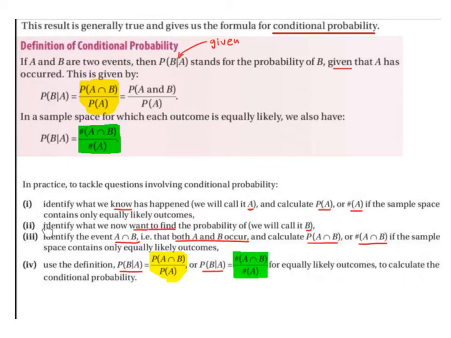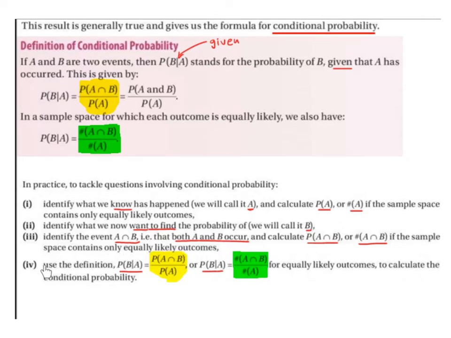Step 2, identify what we now want to find the probability of, we will call it B. Step 3, identify the event A intersection B, i.e. that both A and B occur, and calculate the probability of A intersection B, or the number of elements in A intersection B, again, if the sample space contains only equally likely outcomes.